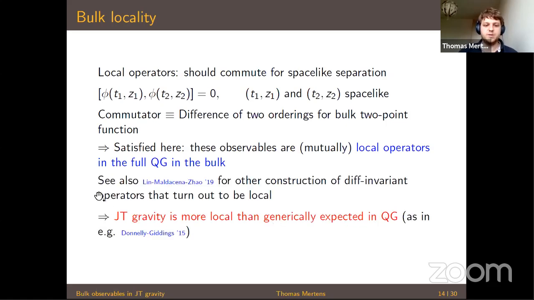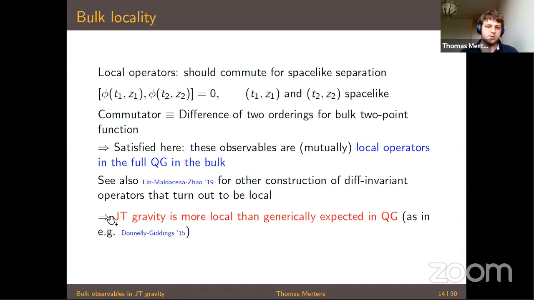I also like to refer to this paper from Maldacena and collaborators for another construction of diff invariant bulk operators that also turns out to be local. What this means is that JT gravity with matter operators, or with a matter sector in it, is actually more local than you generically expect in quantum gravity.